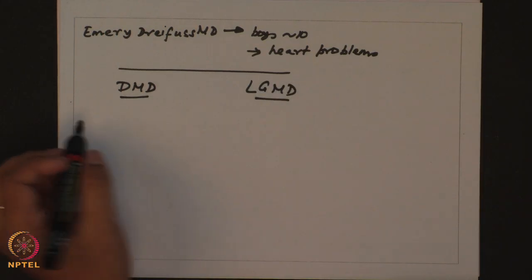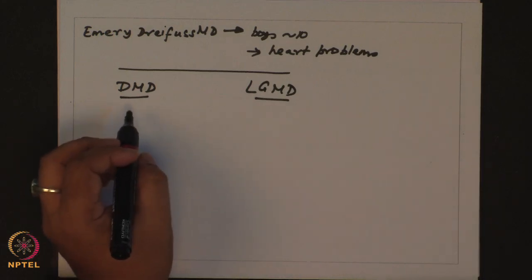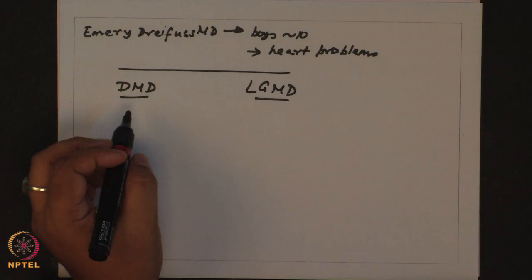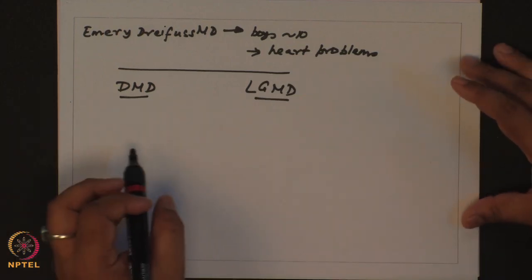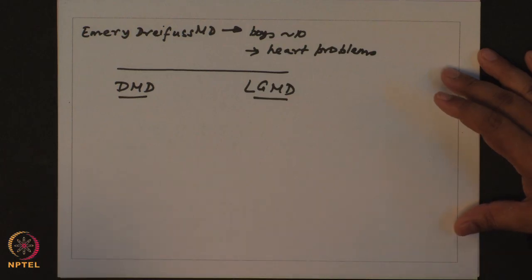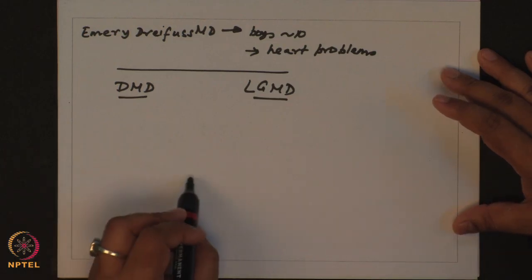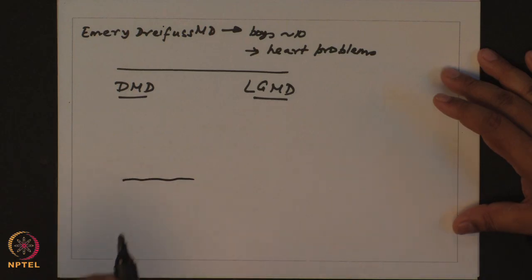Okay. So, in Duchenne, if I draw the muscle structure in most cells, imagine this is a plasma membrane. Okay.